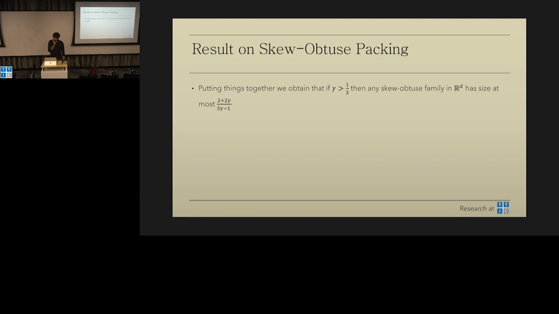This is the correct expression, but it doesn't depend on the dimension. And this is tight, because as soon as you put gamma to be 1/3, you can construct a family which has d points. Oh, and this greater than 1/3 is wrong. This should have been less than 1/3.